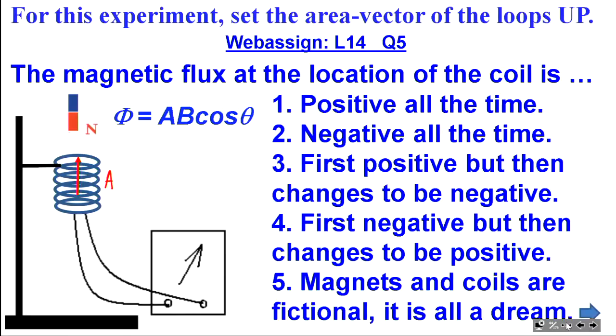And for this choice of the area vector, we have to say if the flux, in this particular experiment, when the magnet is falling through something like this... Now you're awake.